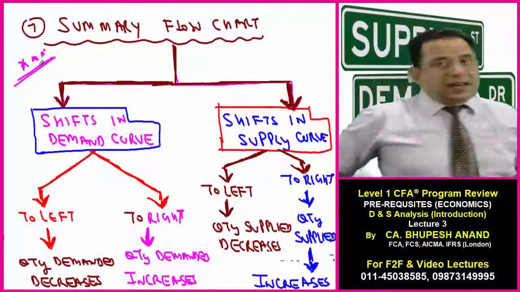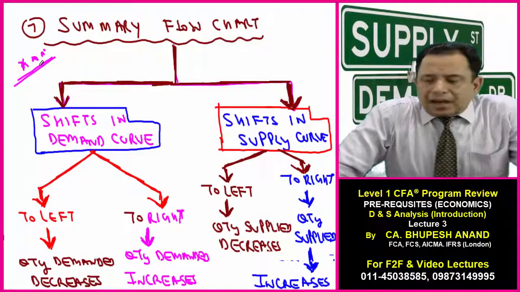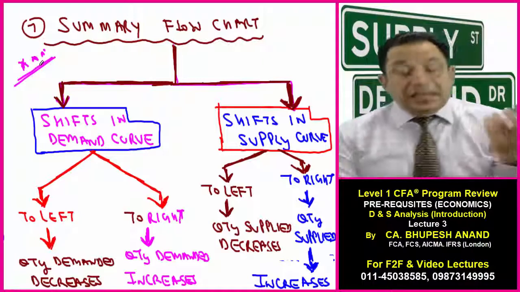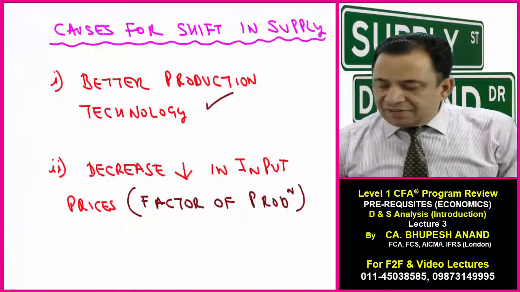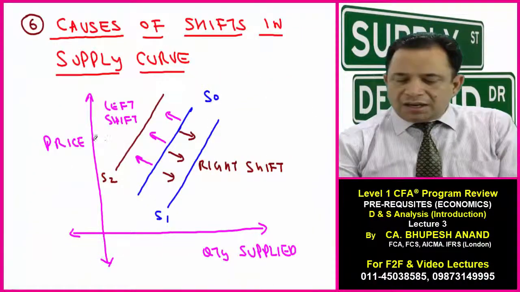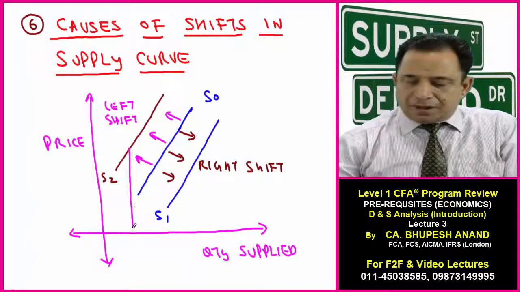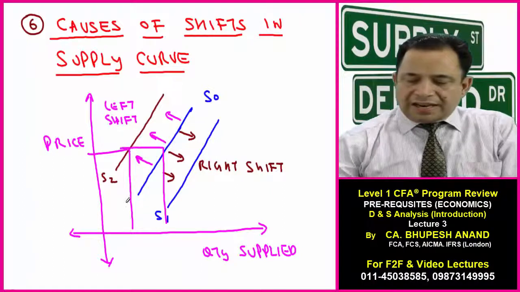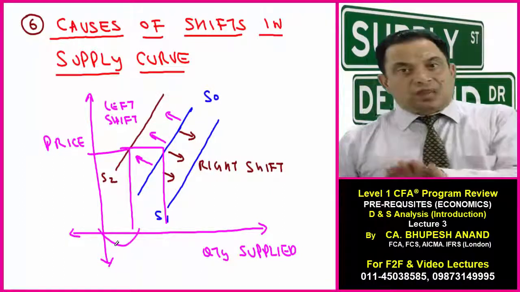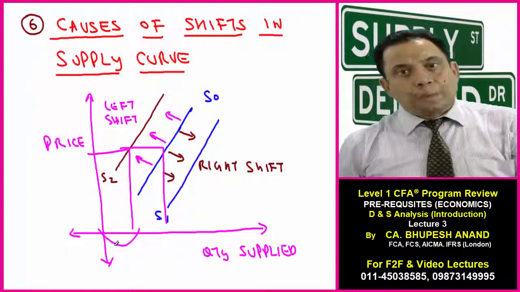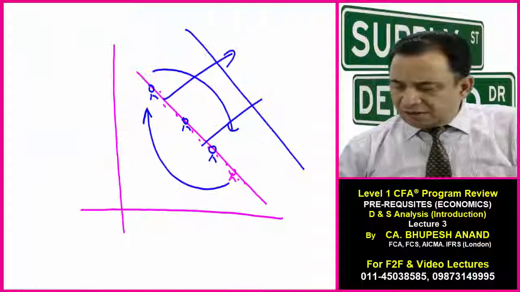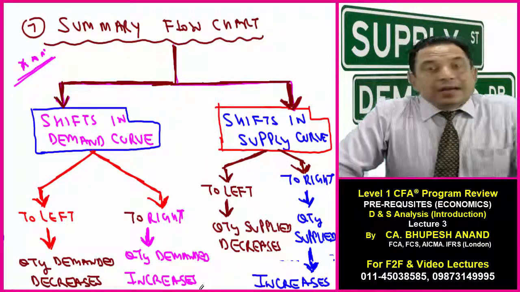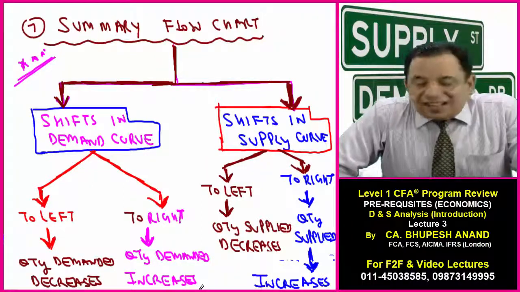So come to the supply curve. If there is a shift in the supply curve towards the left, quantity supplied will decrease. Just see, in this graph quantity supplied has decreased from S0 to S2. The same point I have written here, and if the supply curve has moved right, it means quantity supplied has increased.